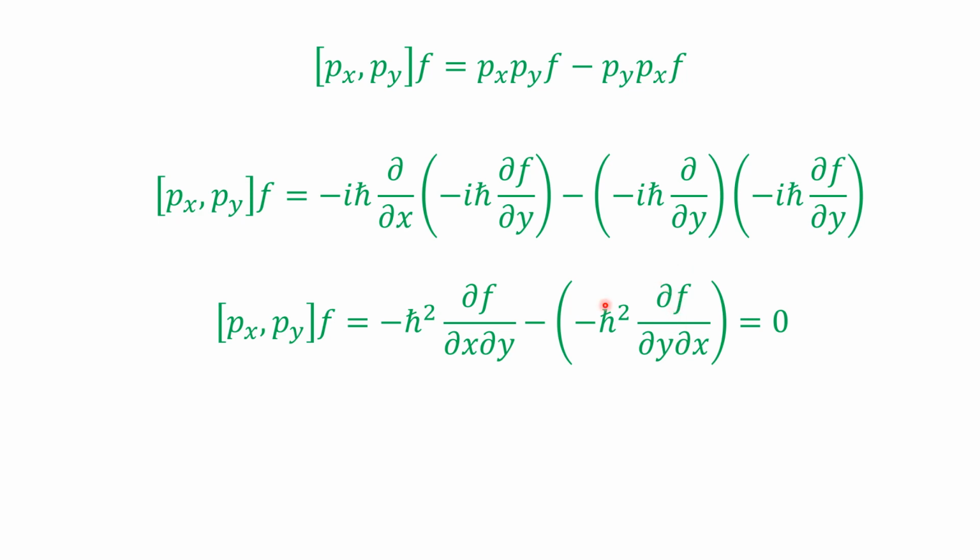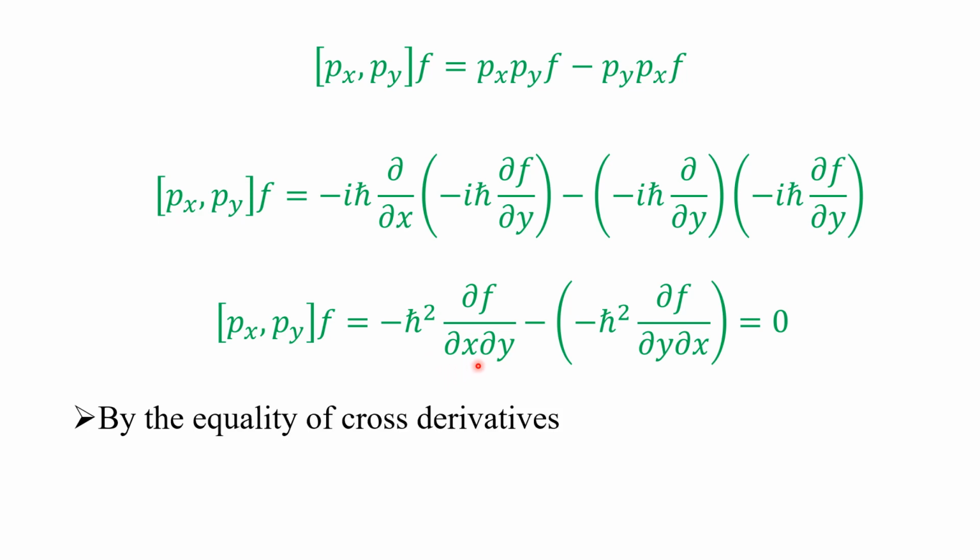Here you can see that by the equality of cross derivatives, in the first term we are taking the derivative with respect to y first, then x. Here, x first, then y. So whatever may be the case, both will be the same.